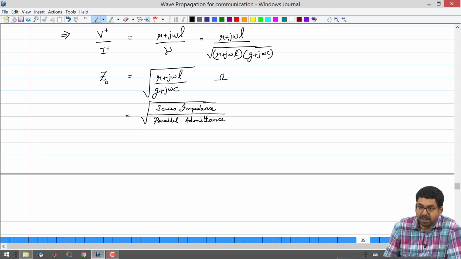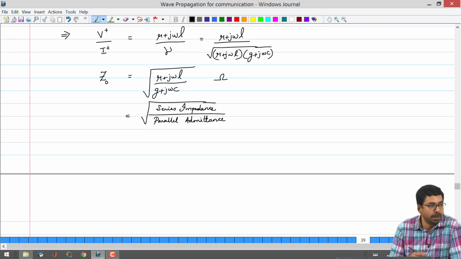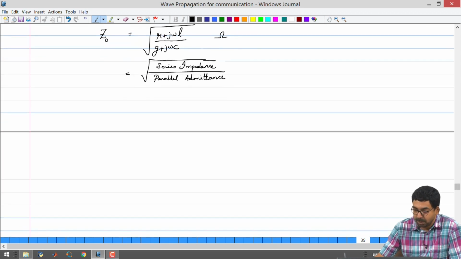Okay. Since we have equated the forward terms, let us also go ahead and equate the backward terms and try to see what we are getting. So, we go ahead.